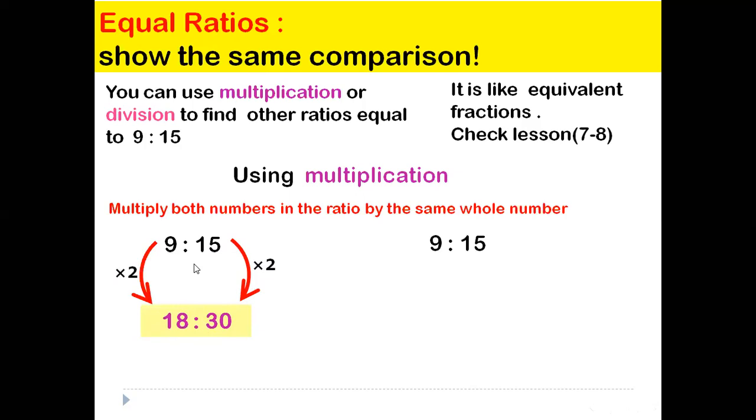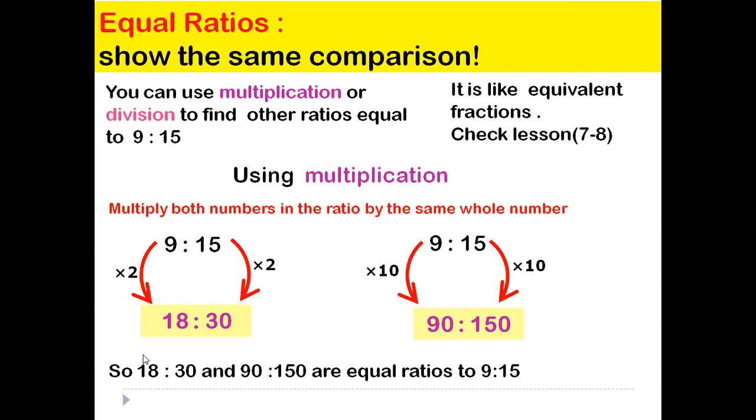Can we write another equal ratio by using multiplication? Of course we can. You can choose 10, for example. I can multiply them by 10, so you will get 90. 15 times 10 is 150. So 18 to 30 is one equal ratio. 90 to 150 is another equal ratio to 9 to 15.